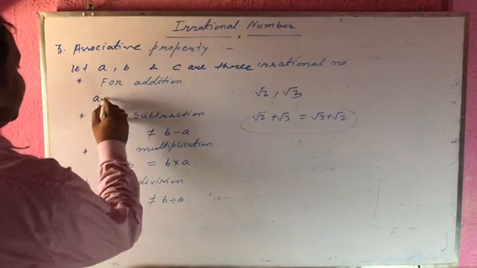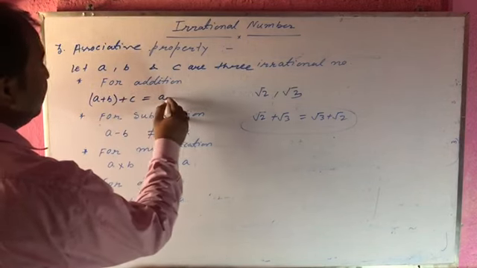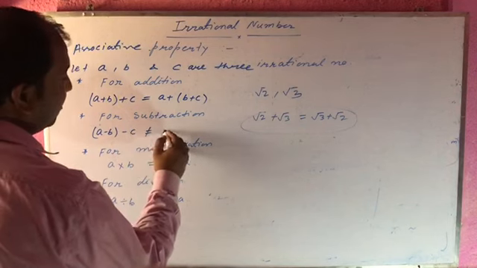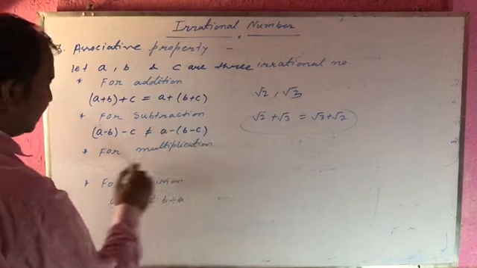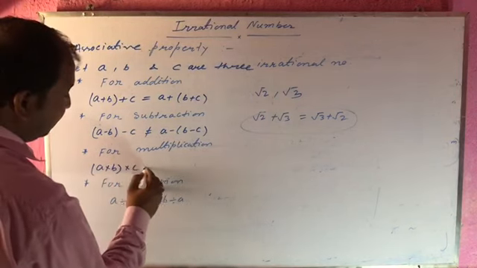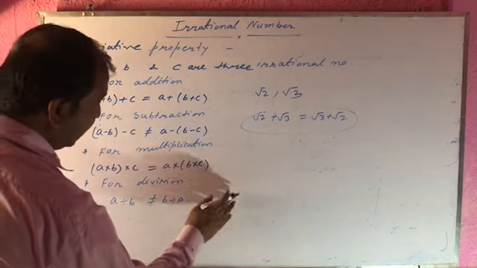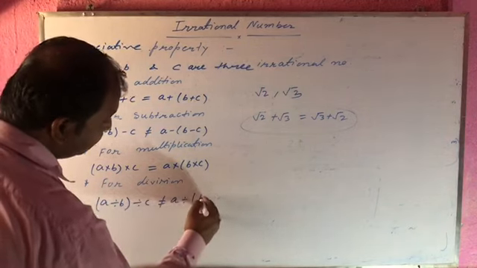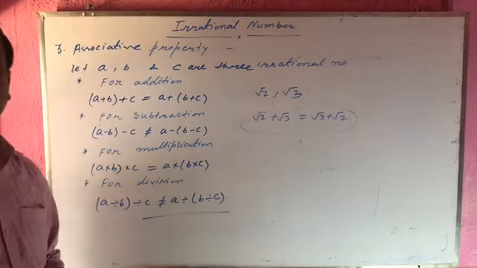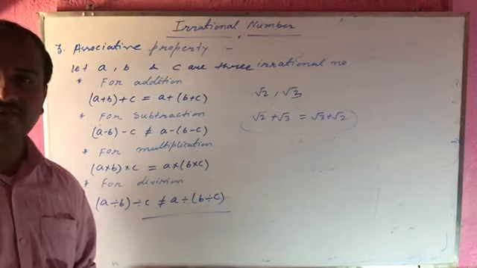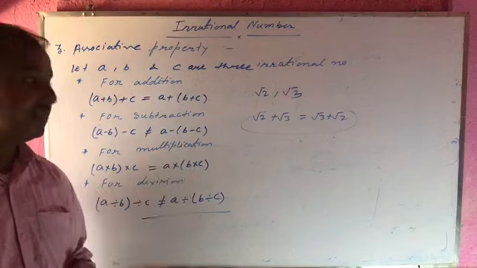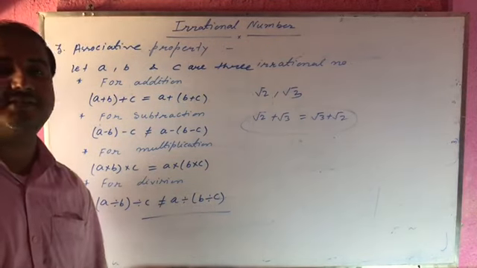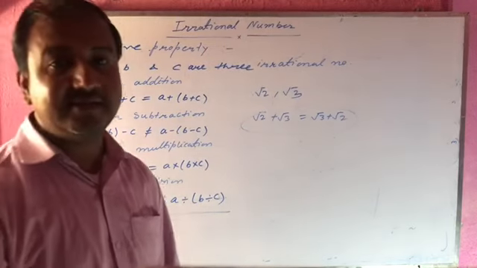Means here we will write A plus B plus C must be equal to; for subtraction, A minus B minus C must not be equal to; and for multiplication, A multiply B multiply C must be equal to; and for division, A divide B divide C must not be equal to. Okay. Means the commutative property and associative property are satisfied by addition and multiplication, and not satisfied by subtraction and division, whether rational or irrational. Okay.